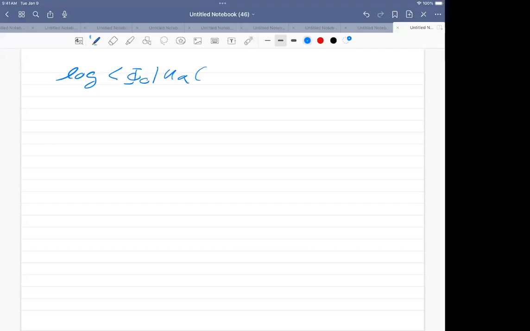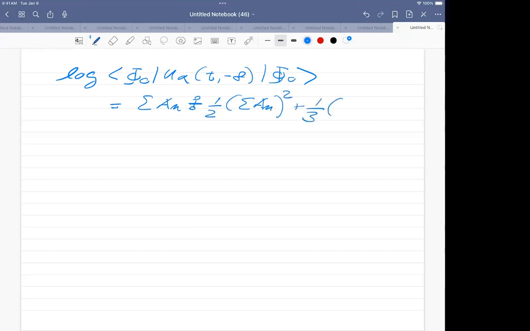So let's just rewrite this, t minus infinity. Let's just put it in a more general term. Then this is something which we can rewrite as a sum over these a's. So I'm just Taylor expanding now: minus 1/2, and then I have a sum over a_n squared, and then plus 1/3, and then a sum over a_n cubed, and this goes on plus minus to infinity.